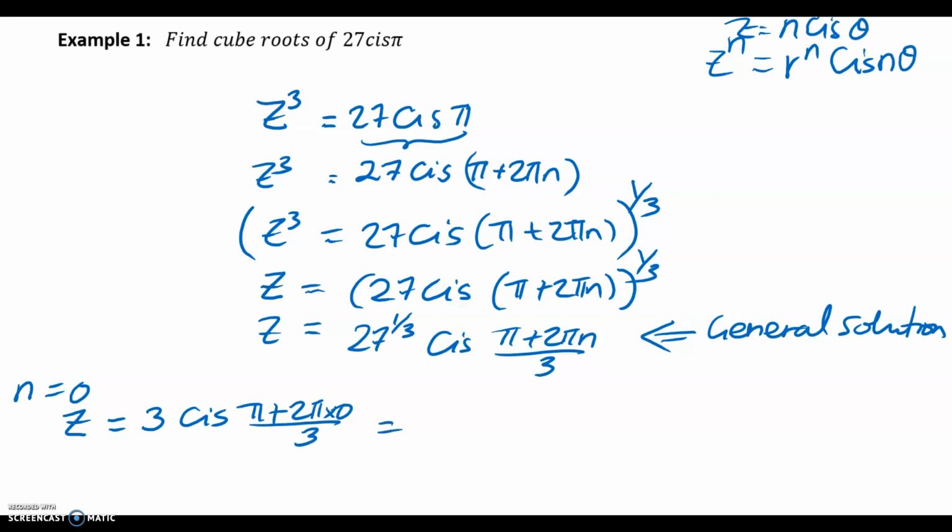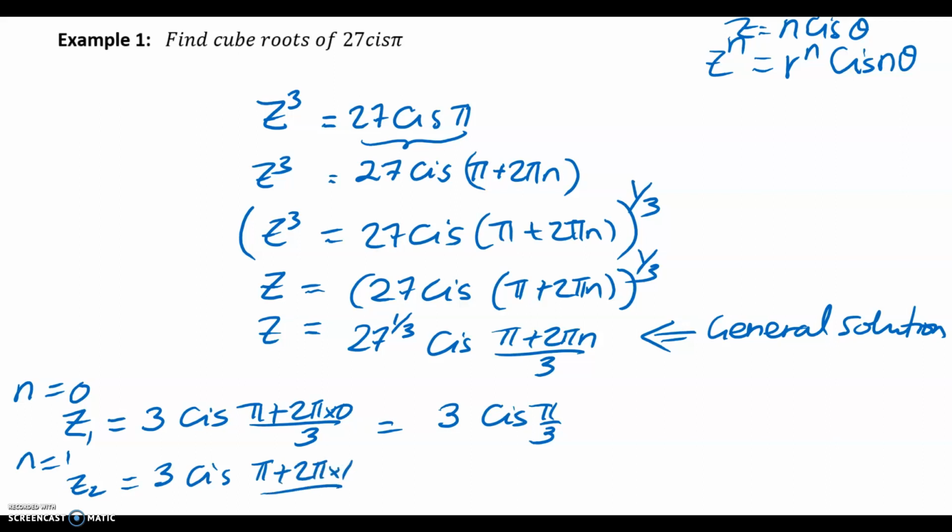Now that simplifies to 3 cis pi over 3. So this is our first solution, and we'll write that as Z1. When n equals 1, we can have Z2. So 3 cis of pi plus 2 pi times 1, over 3, which gives us 3 cis 3 pi over 3, which is just pi.